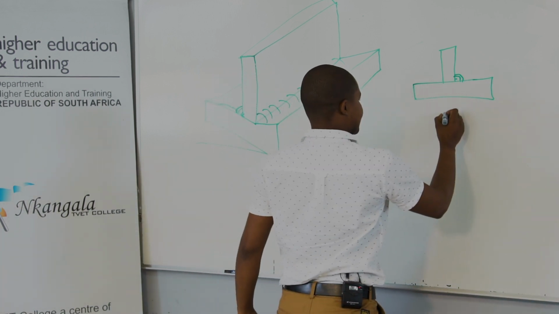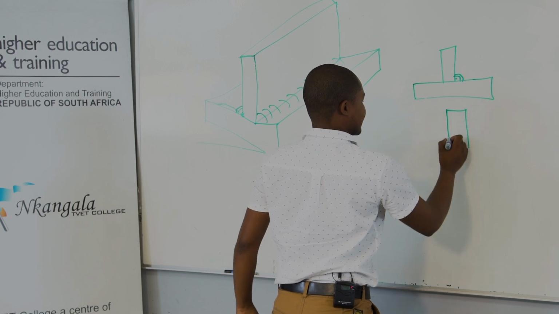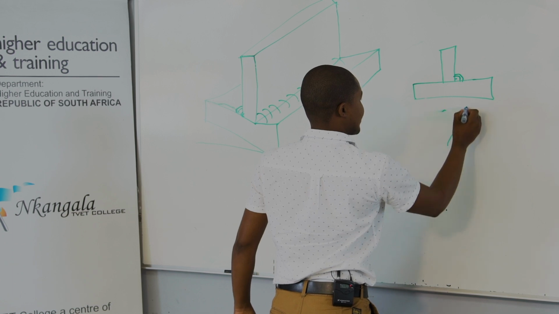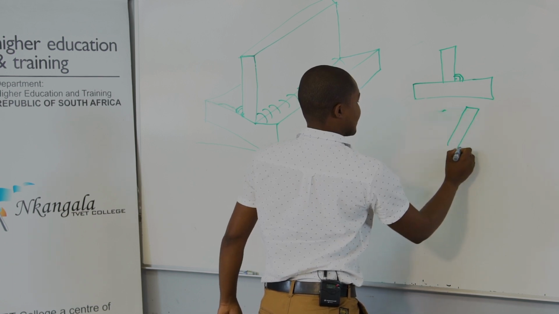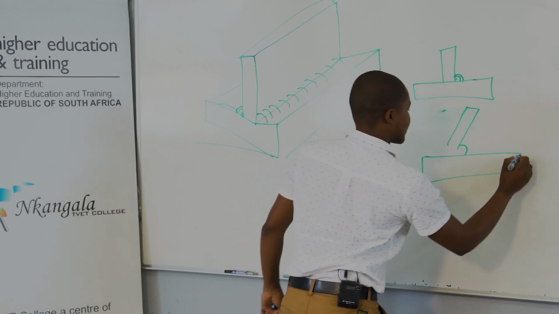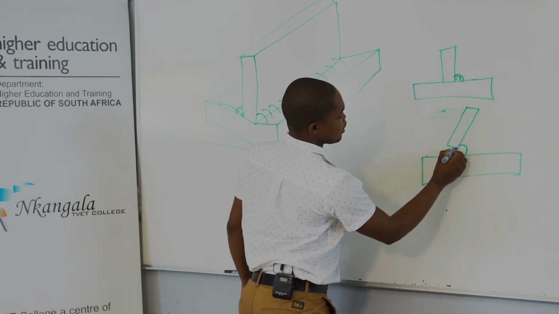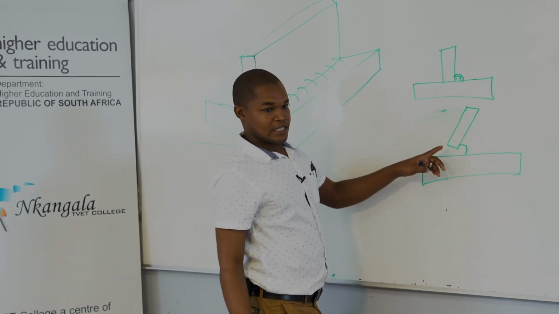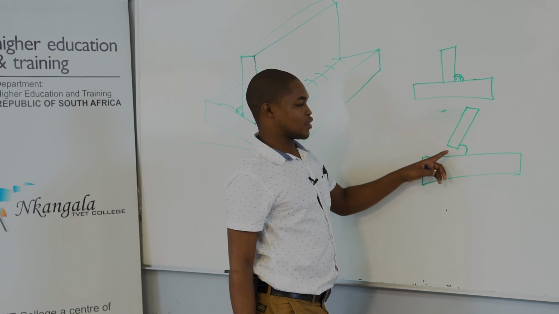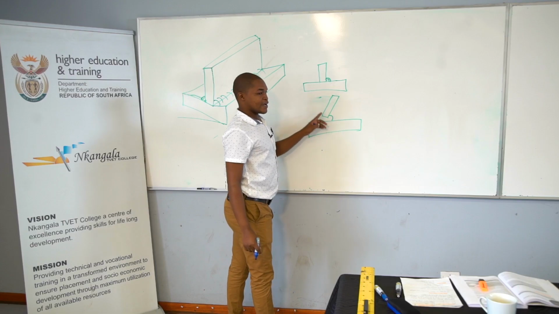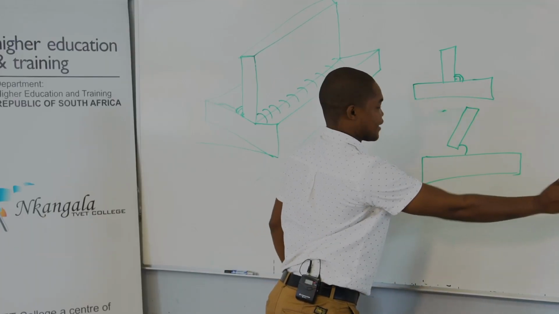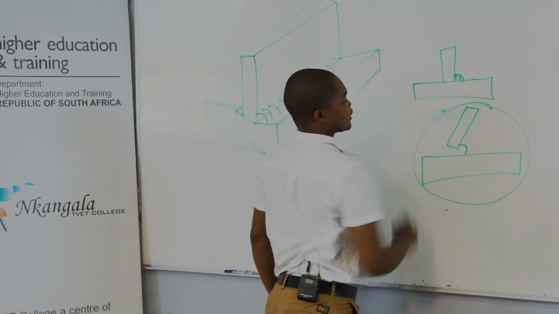As soon as the workpiece cools off, the heat is going to pull the workpiece. This is what's going to happen if we don't plan our welding sequence. As soon as it cools off, it's going to pull this thing out of line. Now this is what we call the distortion.